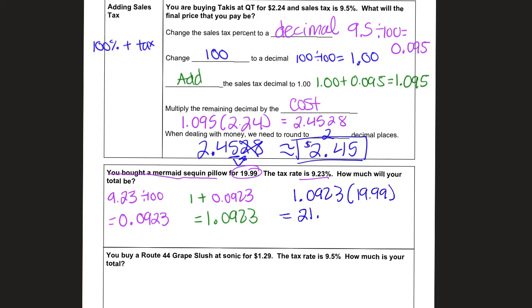Is 21.835077. Then I got to round. Find the hundredths place. Look 1 to the right. 5 or bigger, we add 1 more. That's exactly 5, so we're going to add 1. And the 3 rounds up to a 4. Everything else to the right of it goes away, to the left stays the same.